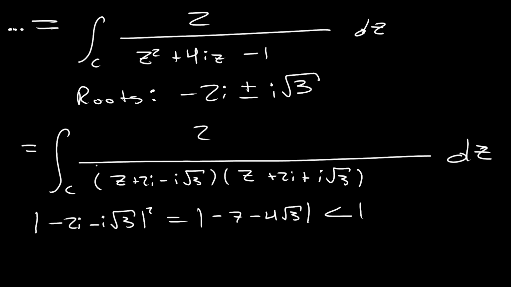Anyways, this is not going to fit within our radius of mod z equals 1. Now, for the next one, we're going to have a negative 2i plus i root 3. Modulus squared of that is going to give us 7 minus 4 root 3. And this is a little bit tricky.